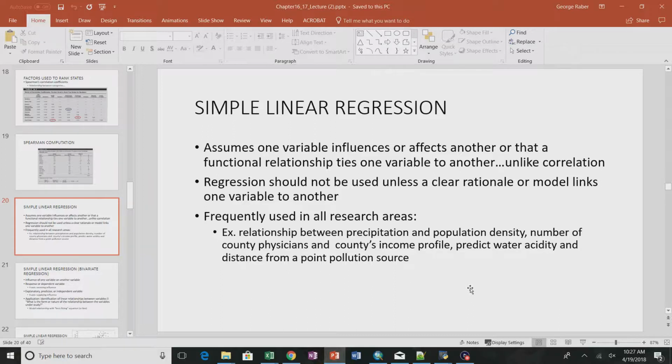The bottom formula, that Sx and Sy is the standard deviation. So this is just the formula for the standard deviation expressed in a different way: the standard deviation of x and the standard deviation of y. The square root of all the squared differences from the mean values divided by the total.